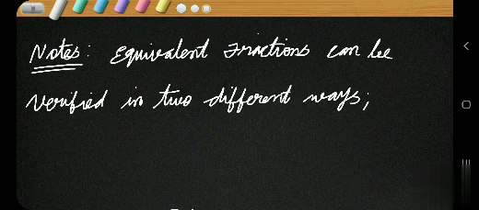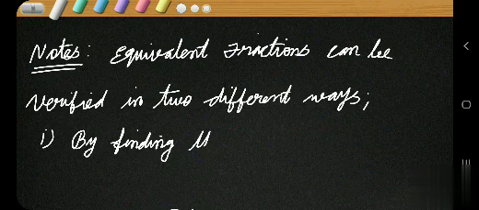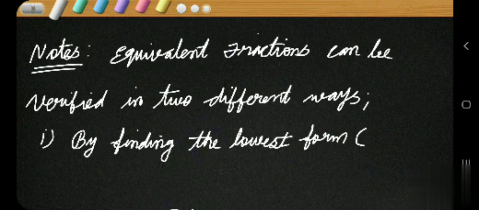First one is by finding the lowest form. We have learned how to find this lowest form in our cancellation method session, isn't it?